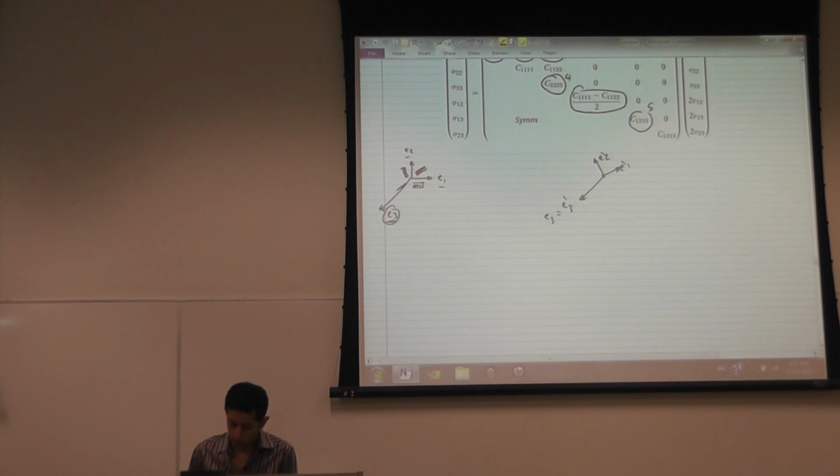The 5 physical constants are: epsilon 1 is equal to sigma 1 over E, the isotropic Young's modulus for E1 and E2, minus Poisson's ratio for that plane times sigma 2 over E, minus Poisson's ratio 3, 1 times sigma 3 over E3.